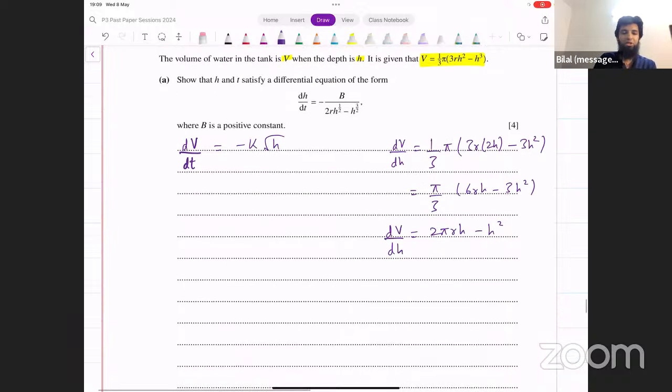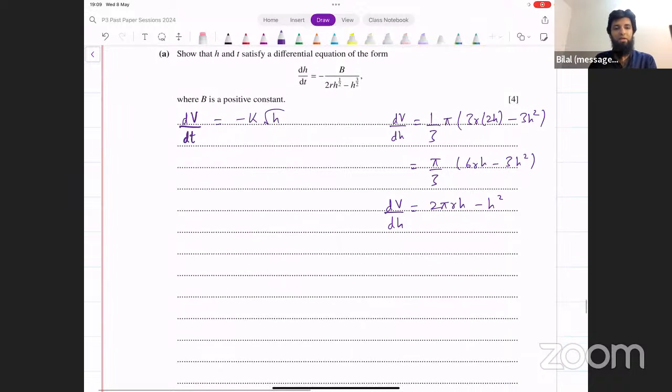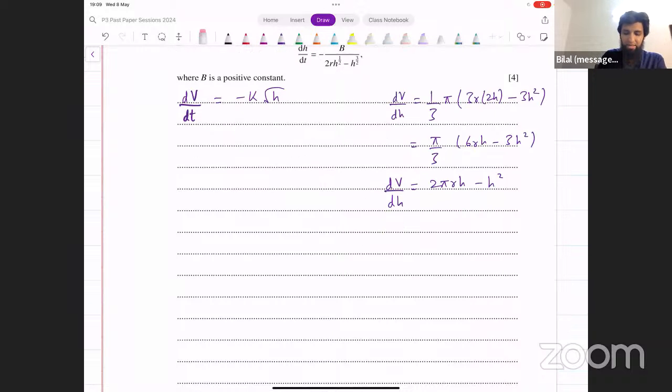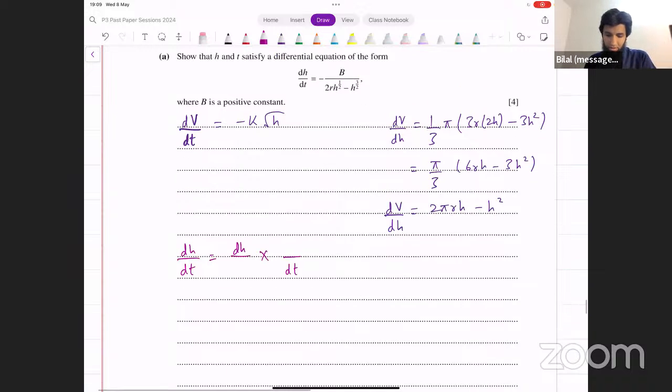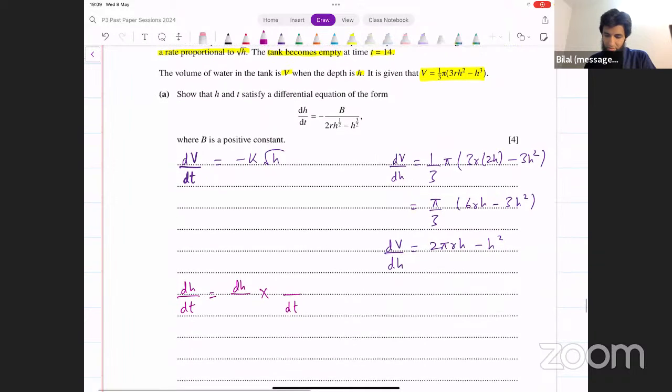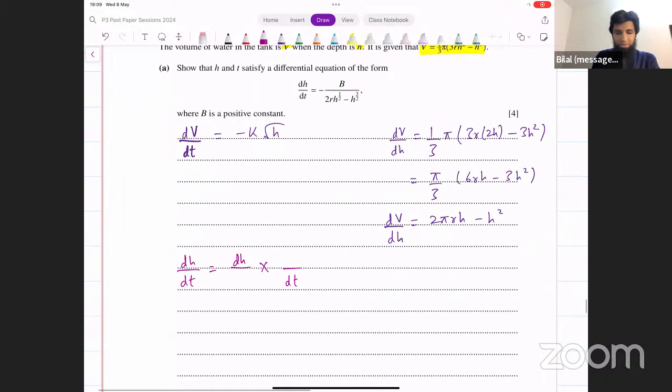Now, what is dh over dt going to be then? What do you use for that? You use the chain rule. dh over dt, that's what you want to find out. So dh over dt equals dh over dV into dV over dt. Thank you for that, we have pi h squared here.